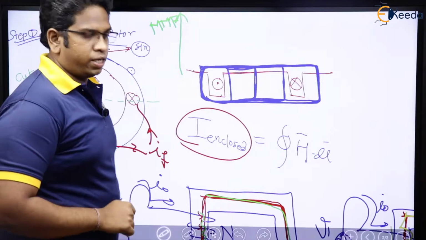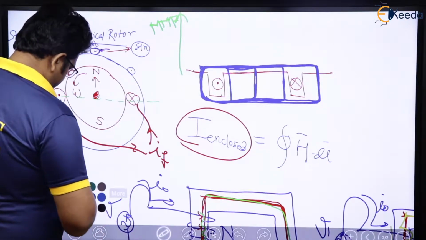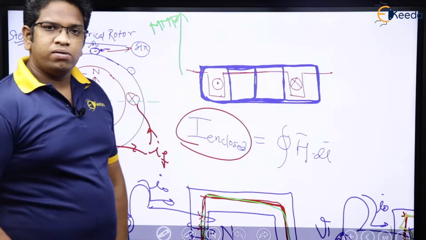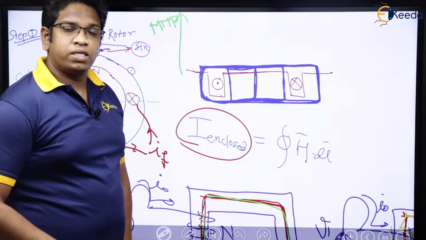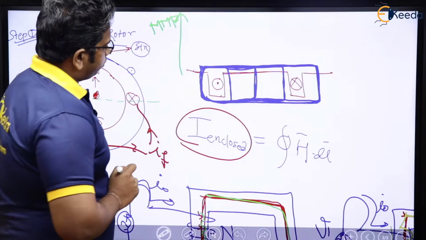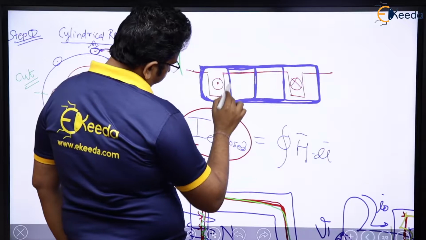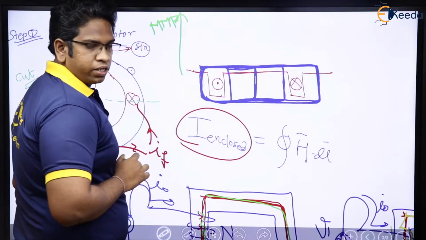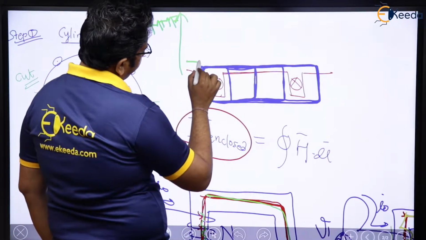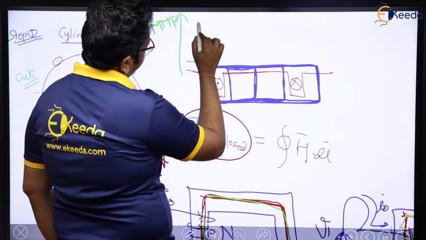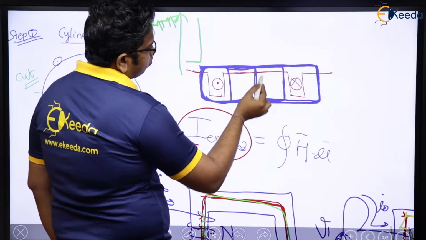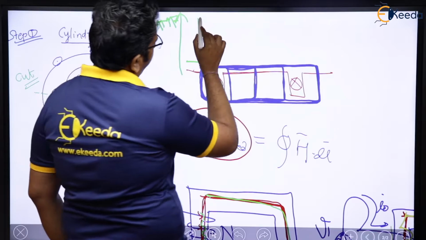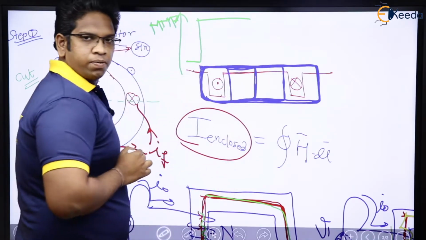So now we know that MMF is what? MMF is nothing but the current enclosed. So for this one, how much is the enclosed current? I. So here it was 0, here it goes I. From here to here, the same I current is going to be there.